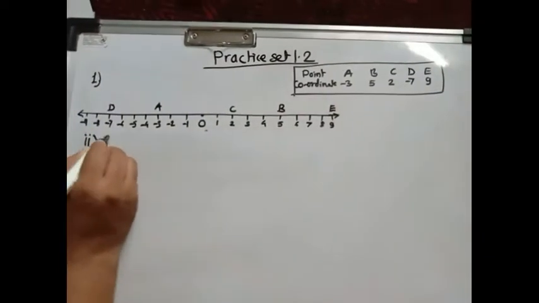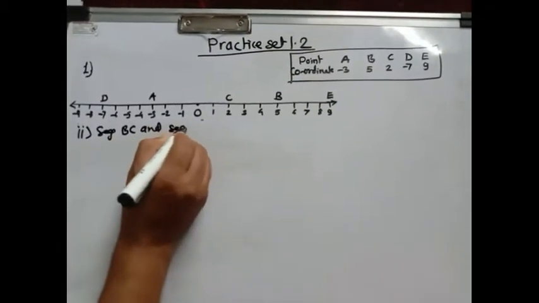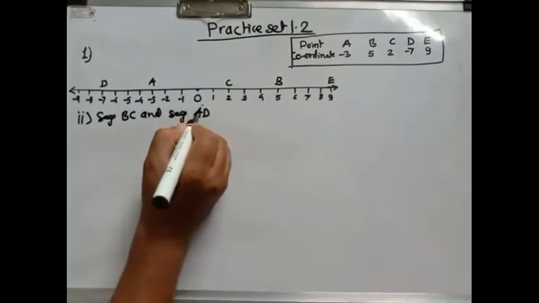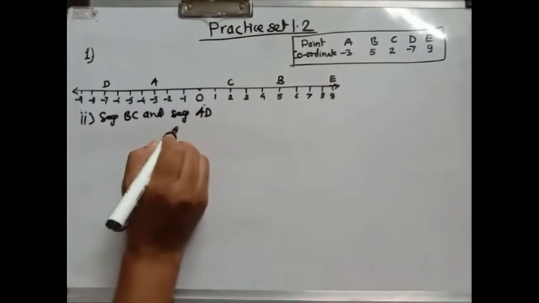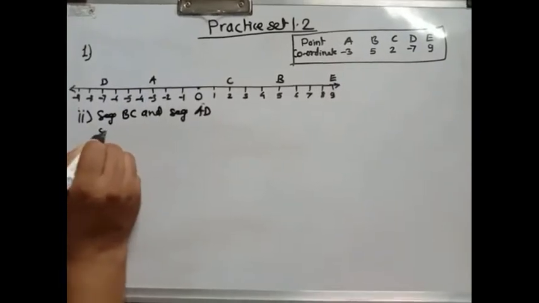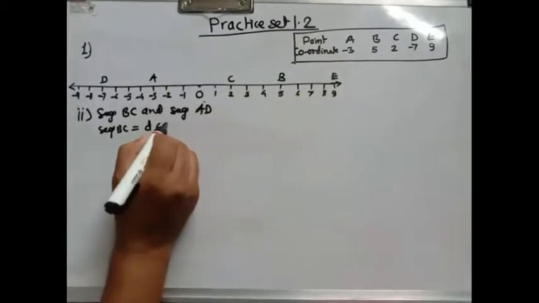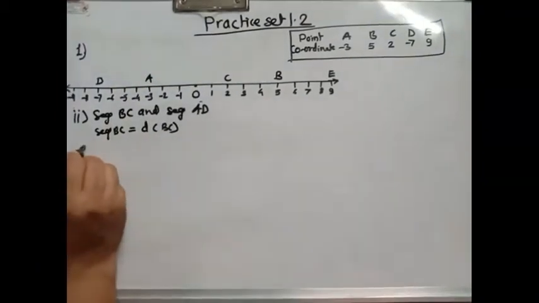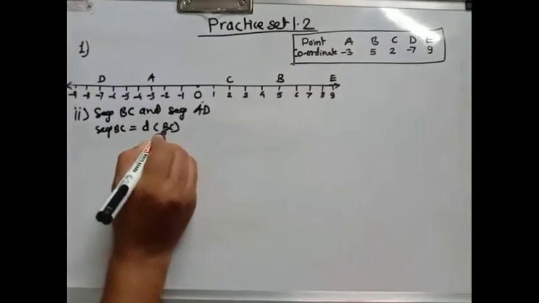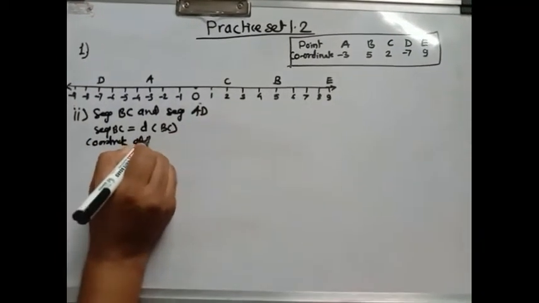Second example is segment BC and segment AD. We want to find out whether these two segments are congruent or not. So first of all we take BC. Segment BC is nothing but the distance of BC, which we want to calculate. Now put the coordinates here.